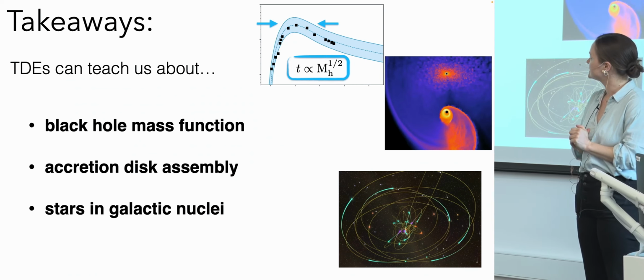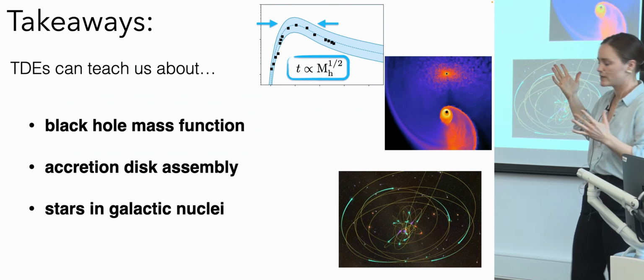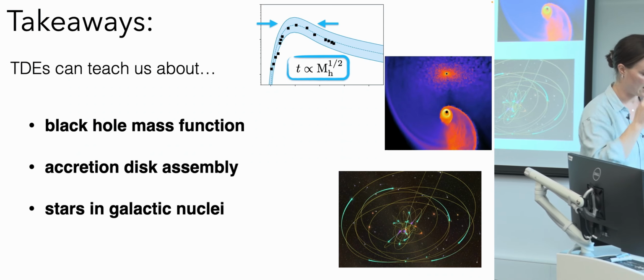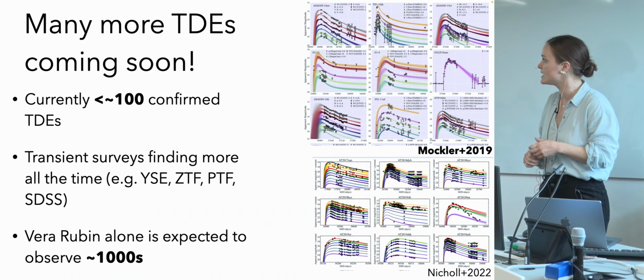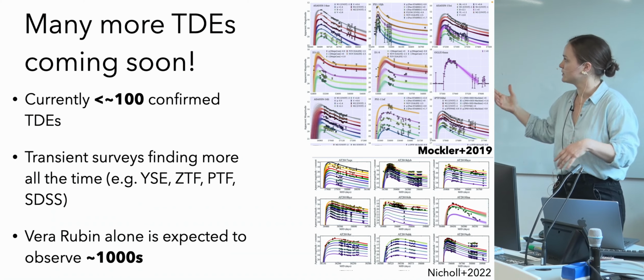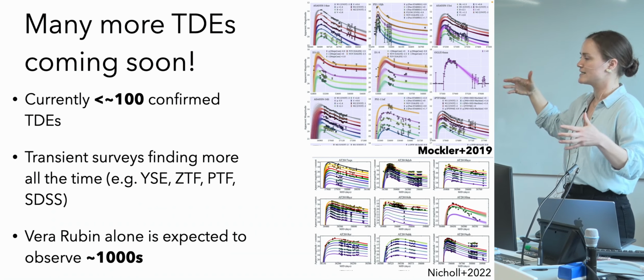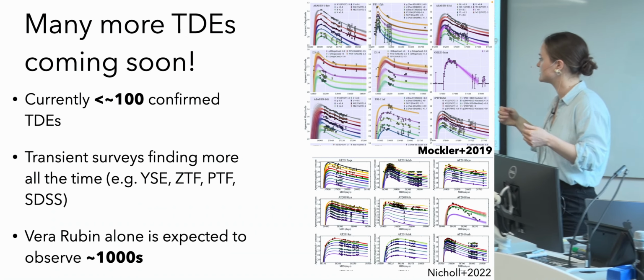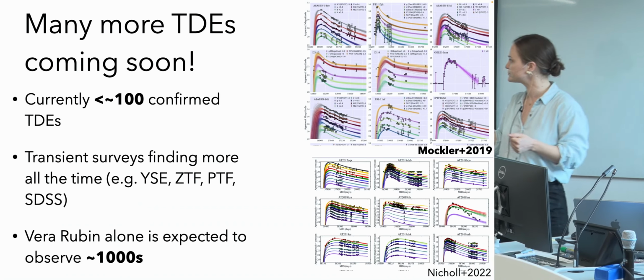which is that TDEs can teach us about the black hole mass function, they can teach us about accretion disk assembly and stars in galactic nuclei, and really importantly, as I touched on at the end, we are dramatically increasing the number of TDEs that we have in our sample. There's currently maybe less than 100 confirmed events, but this number was 10 a few years ago.